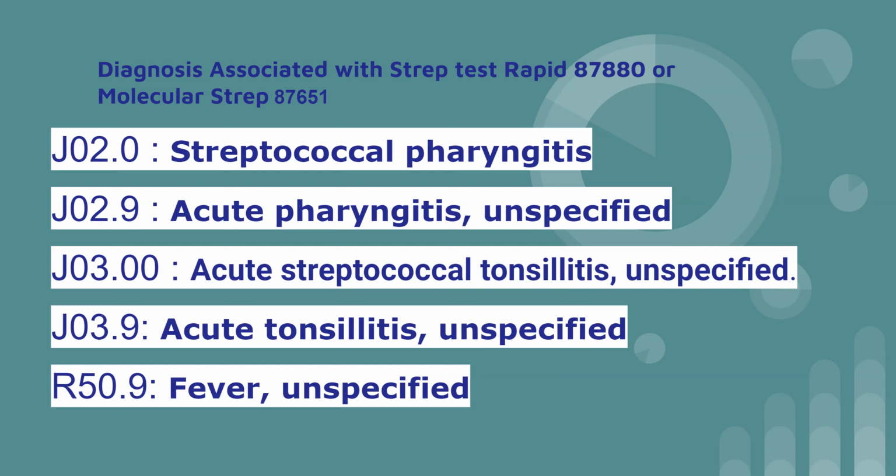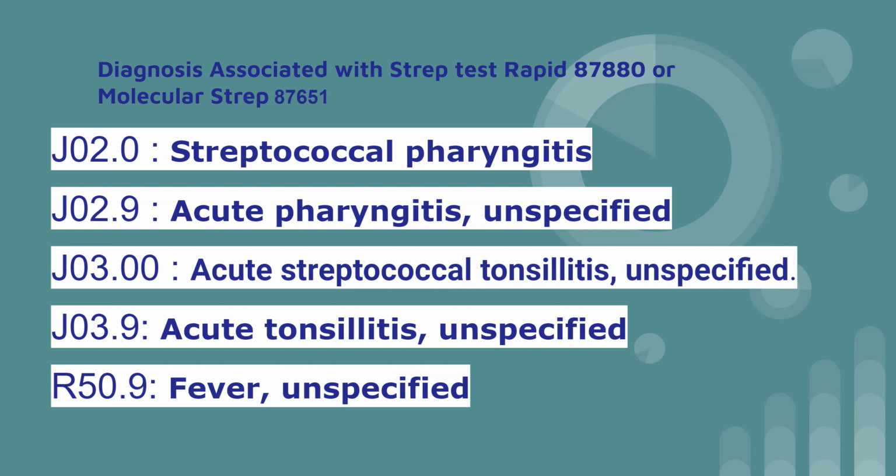J02.0 is a positive strep test, streptococcal pharyngitis. And if the strep test is negative, we use J02.9, acute pharyngitis unspecified, because we don't know what bacteria or virus is causing the infection.